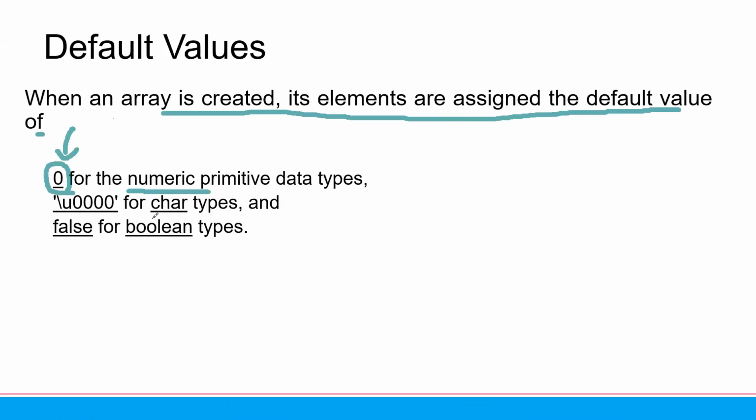If it is a character, this will be represented as the default value. Then it means this is just blank. Okay. So one single quote and the other single quote as the closing. No element inside of the character. If it is Boolean, then the default value will be false.